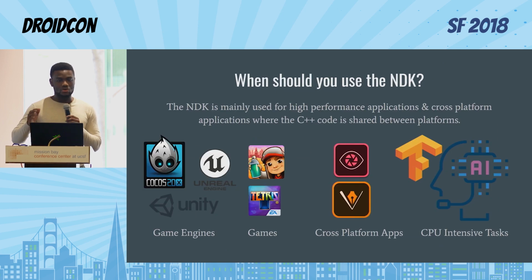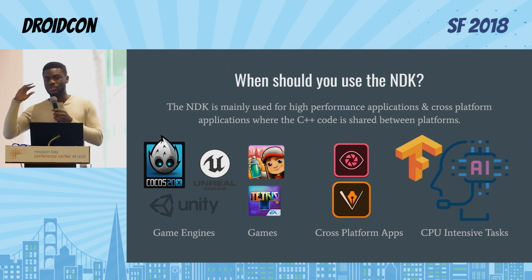So once again, I'm bringing this slide back up to say, when should you actually use it? You need to use it in very specific cases that we're gonna go into a little bit, where it's actually beneficial. Like cross-platform applications, ones that require OpenGL and something for super high performance, but you don't want to rewrite your entire implementation in Java, or in Swift or Objective-C.